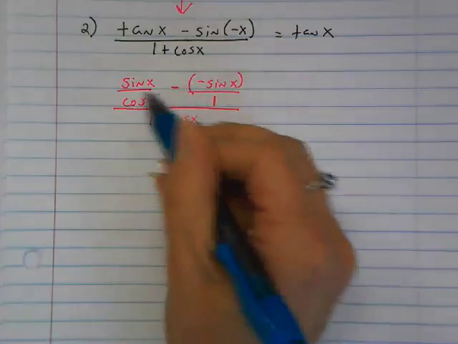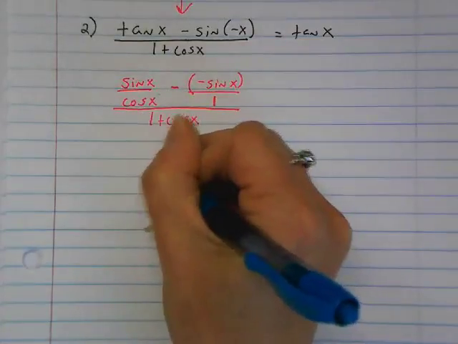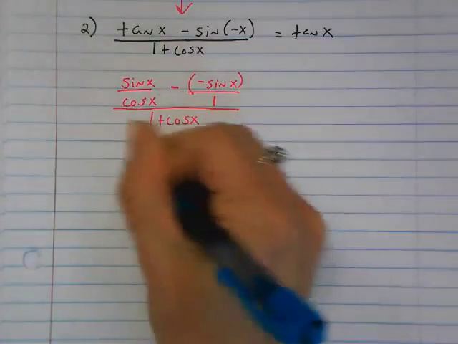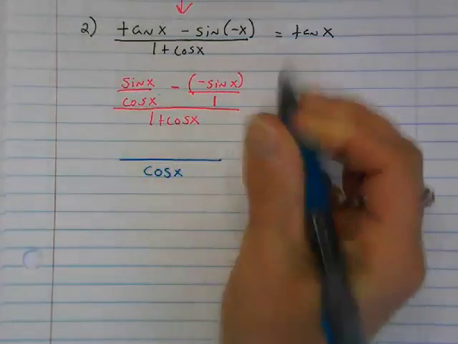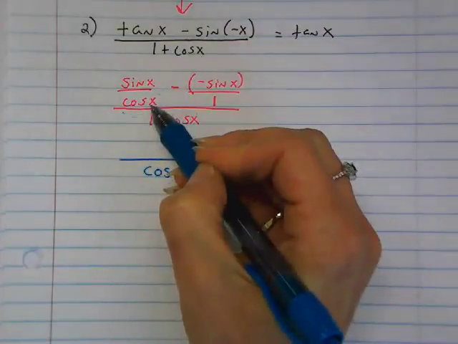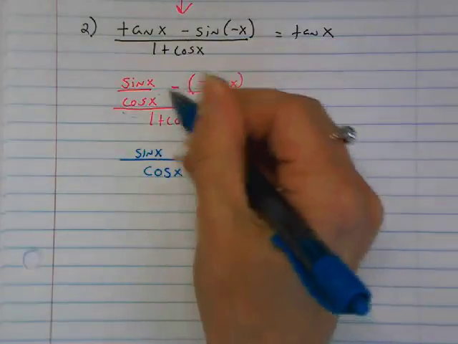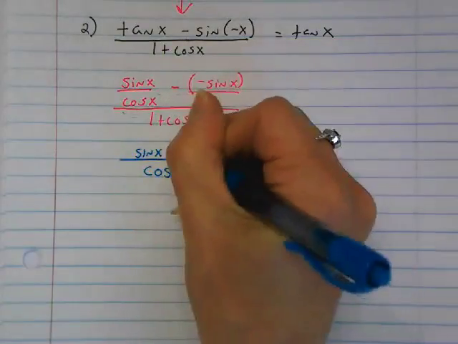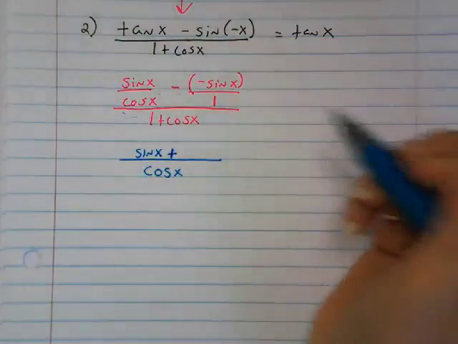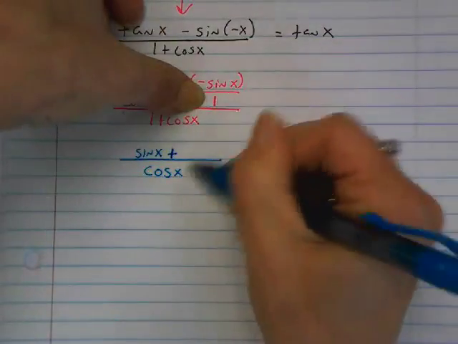Alright, can't we get a common denominator up here? So in my numerator, I'm going to have the cosine of x over. This first term already has a cosine of x, so he's good to just say sine of x. Now, do you agree here that a negative times a negative is a positive? I just did negative times negative. Now, this 1 needs to become a cosine.